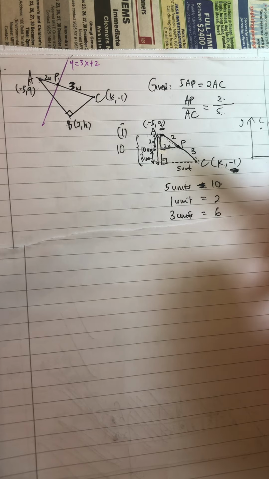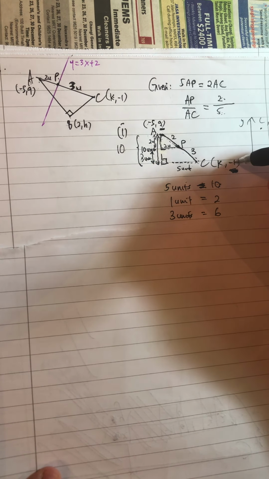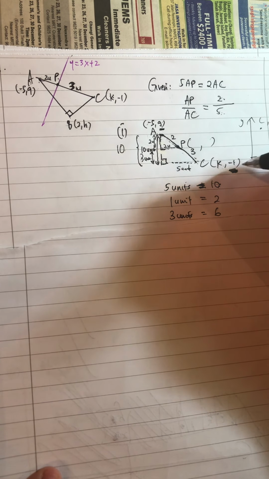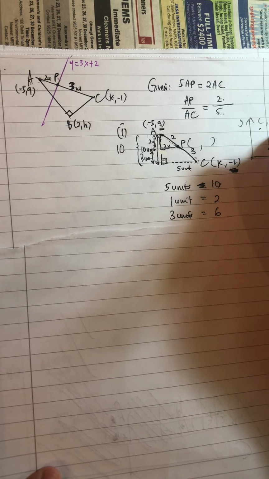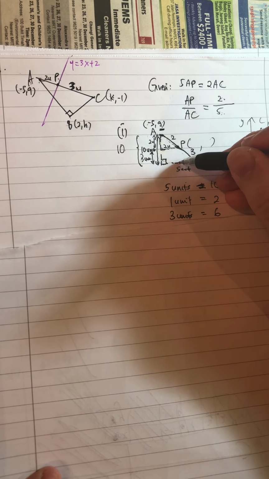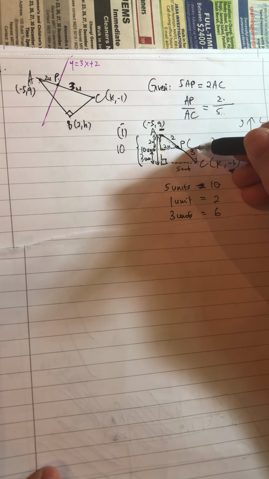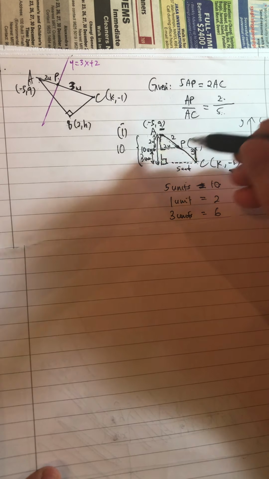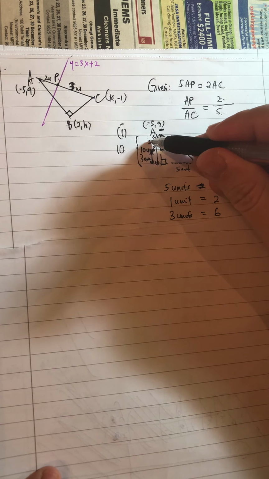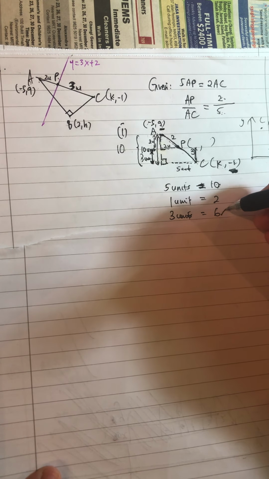Why do I want to find 3 units? Because from this height, I want to go to this height where P is. I want to find out how far P is vertically upwards. I'm only interested in the y value, okay? So don't you agree this is 2 units, this is 3 units, but the actual length is 6 units.